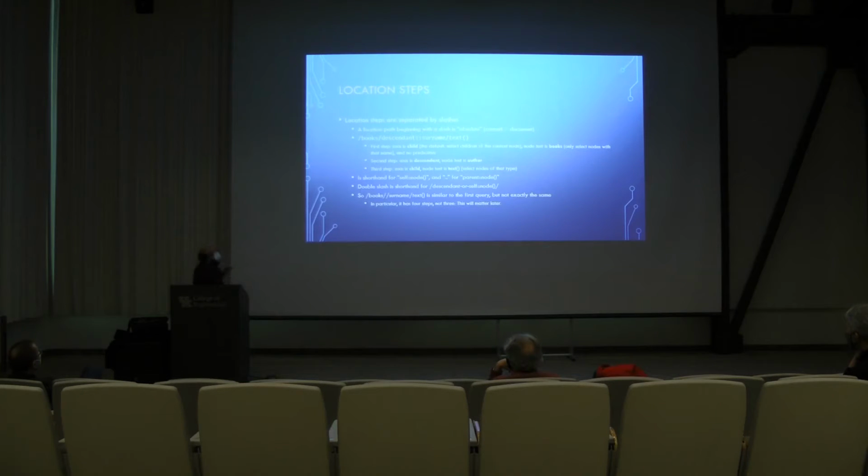The first step says, well, it starts with a slash, first of all, before we even get to the first step, which says we start at the root of the document, at that document node. And then we look for a child named books. If we don't list an axis, which is written as something followed by two colons, if we don't list one, the default is child. So we're looking for children of the root node that are named books.